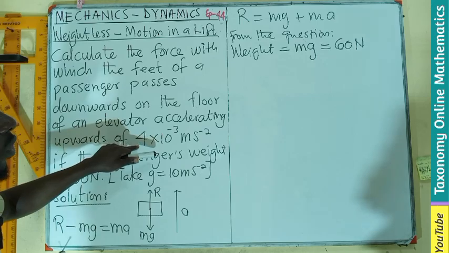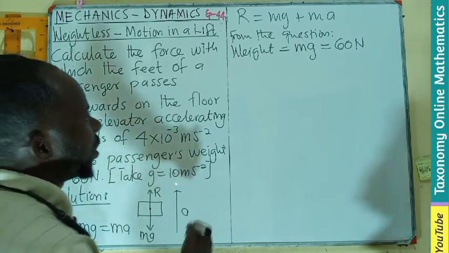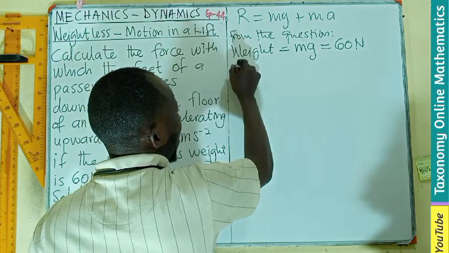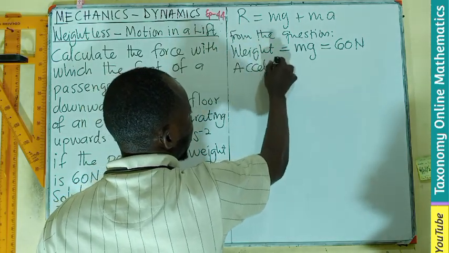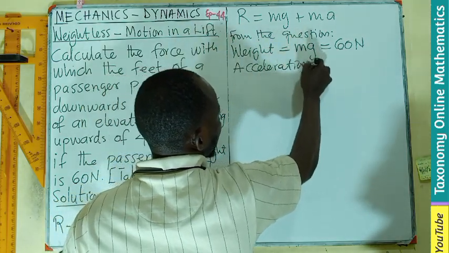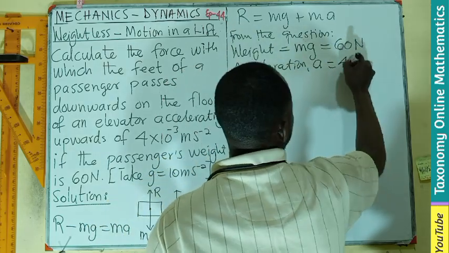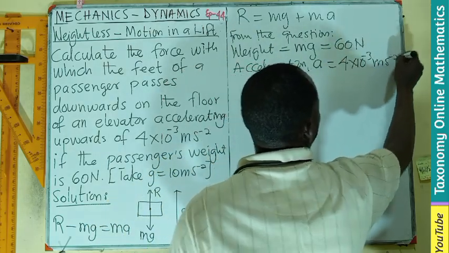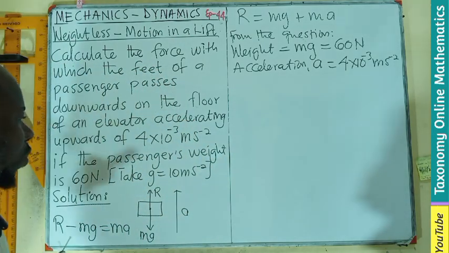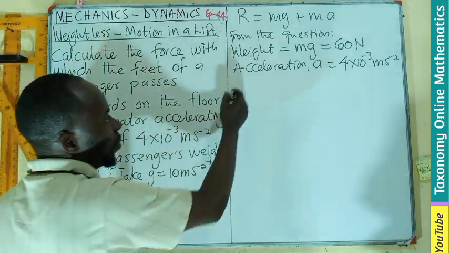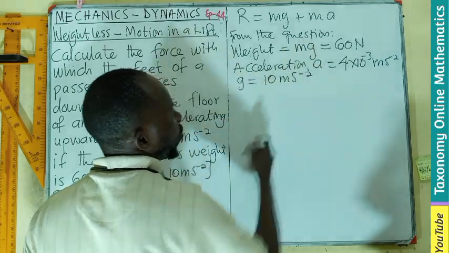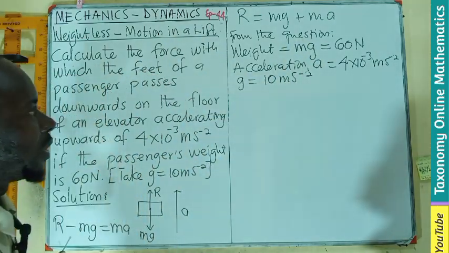The acceleration of the body, which is a, is given as 4 times 10 to the negative 3 meter per second squared. And the acceleration due to gravity is also given as what? 10 meter per second squared.